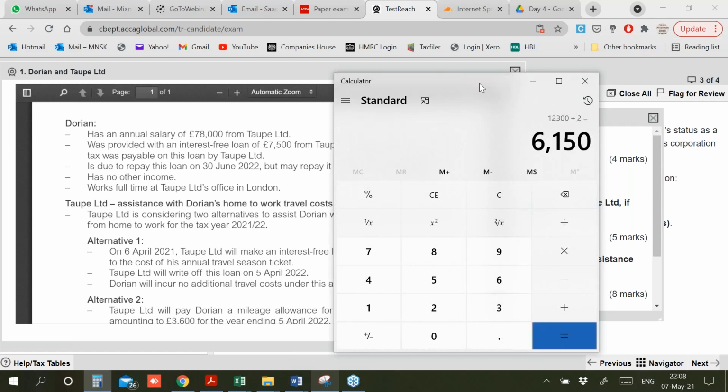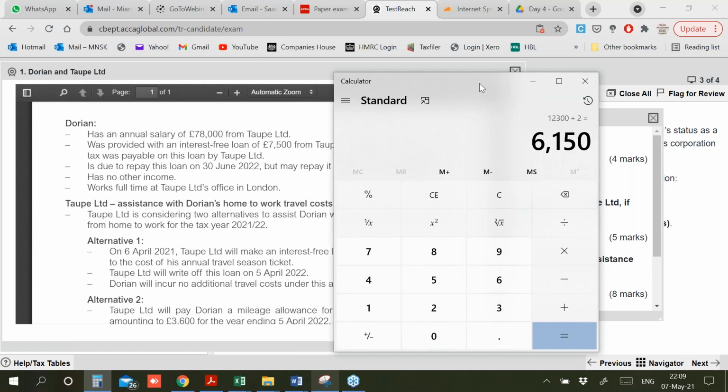Why am I dividing it by 2? To take out the average. As you guys know, we have to calculate the benefit using the average method, and will then multiply it by 2.25%, which is HMRC's official rate of interest.